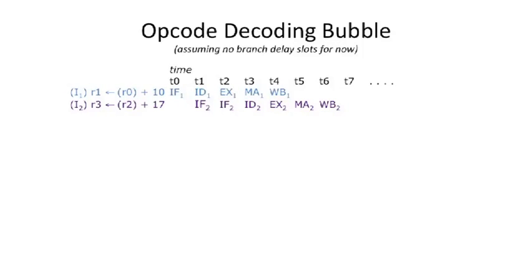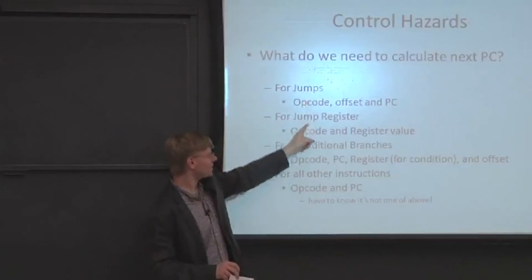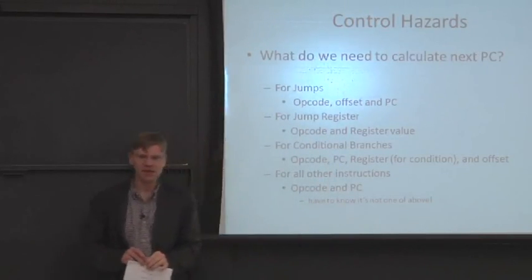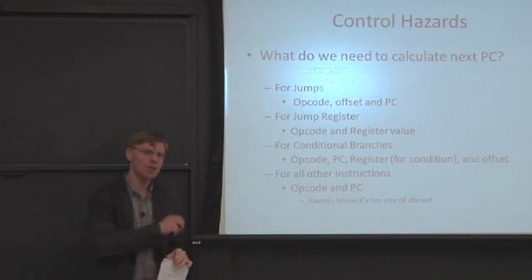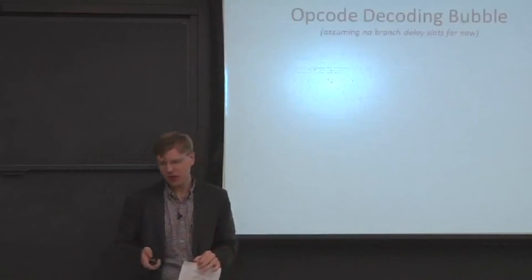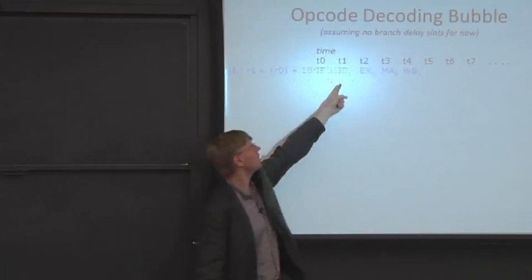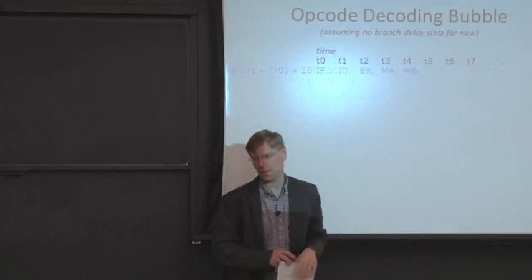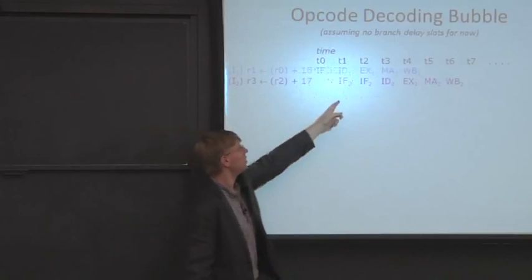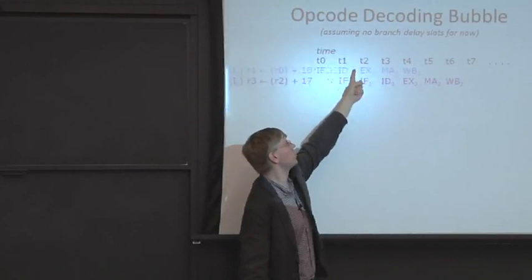That's kind of odd. Now, why do we not know this? Going back to this example, one thing that's common through all of these different cases is that they all need to decode the opcode. Well, where do we do the decoding of the opcode? We don't do that until the decode stage of the pipe. So we don't do that until here, and we're not able to use that information until the end of this cycle, which would be sort of here.